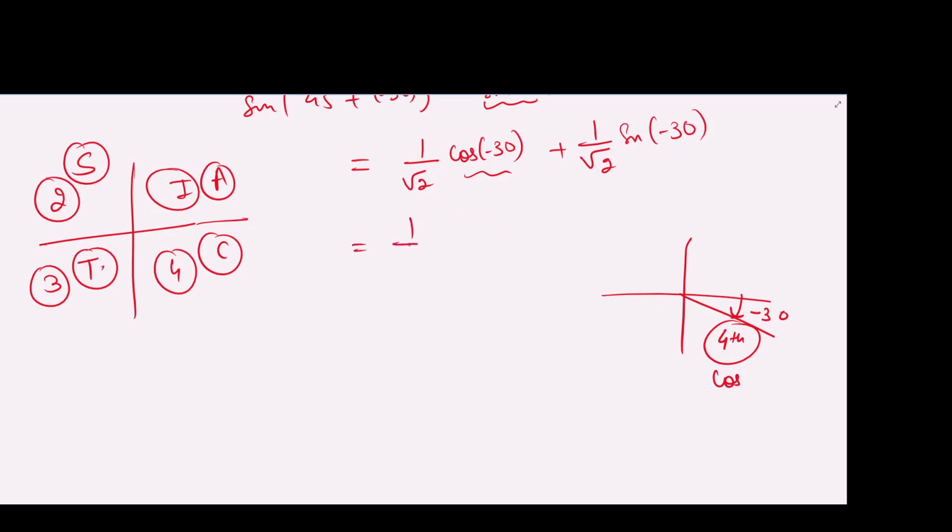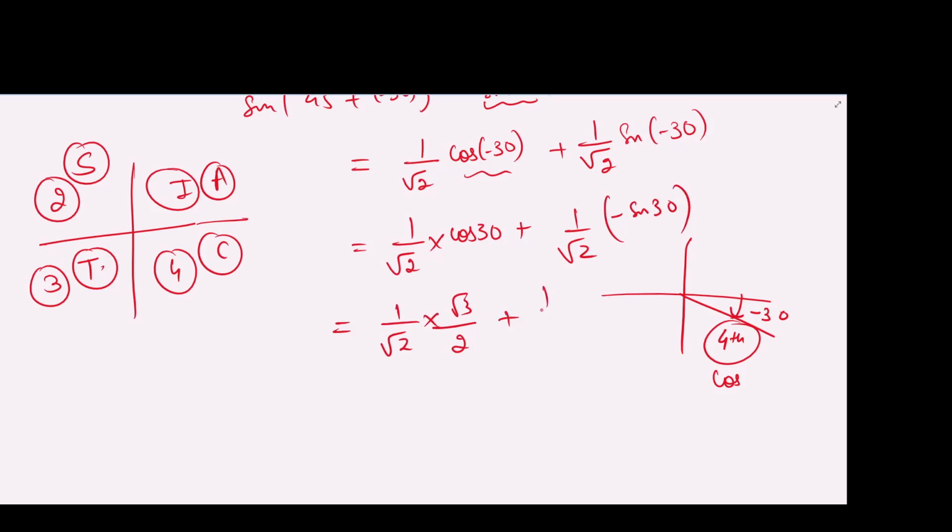So we will have 1 by root 2 into cos 30 plus 1 by root 2. In the fourth quadrant sine is negative, so we have minus sin 30. That gives root 3 by 2 root 2 minus 1 by 2 root 2, because sin 30 is 1 by 2.